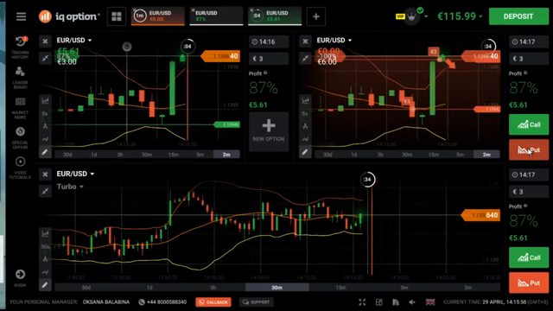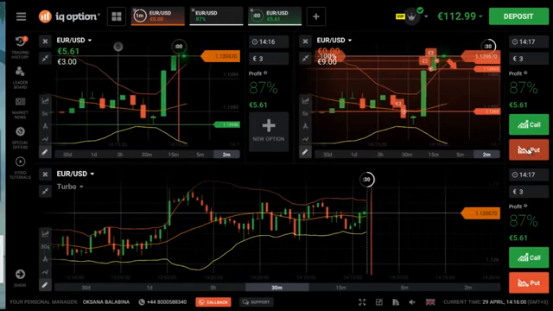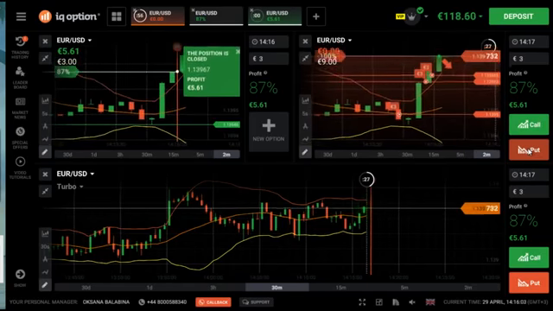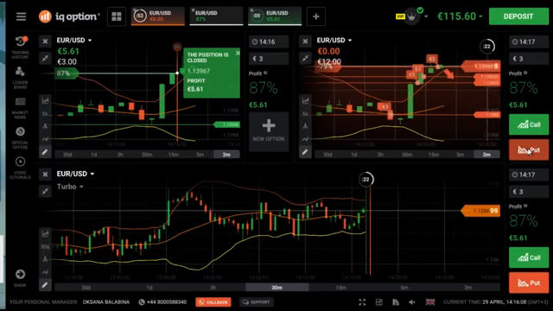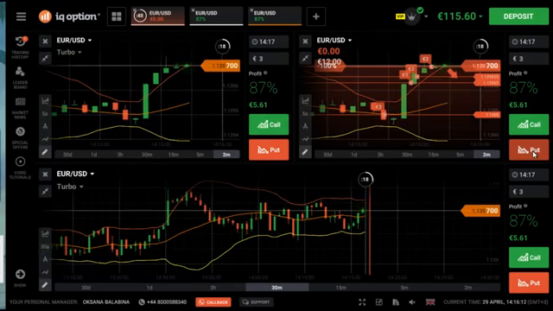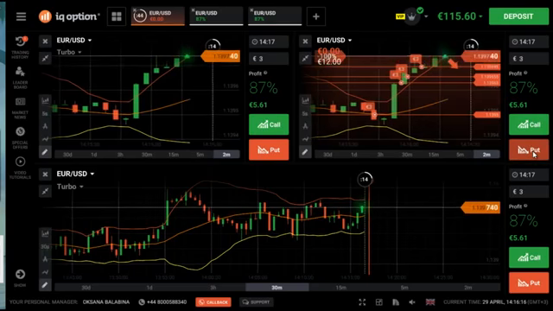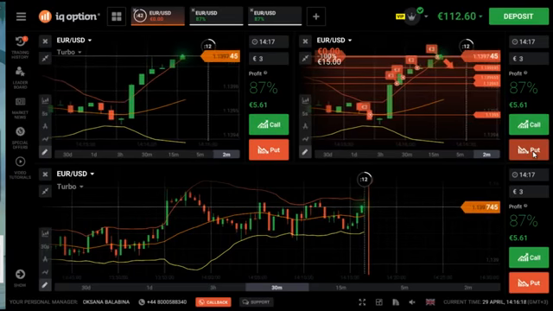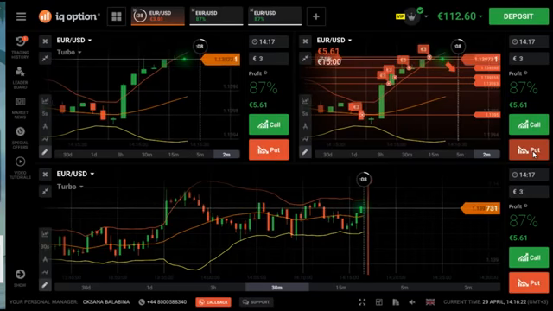Now the first window I won. And the second window, I'm going for the reversal.